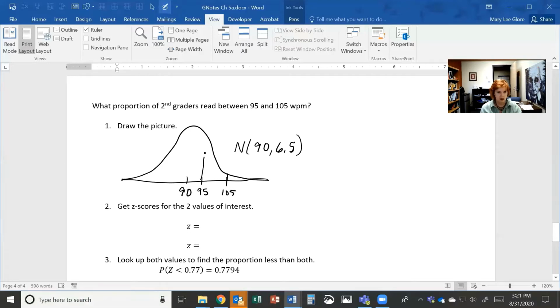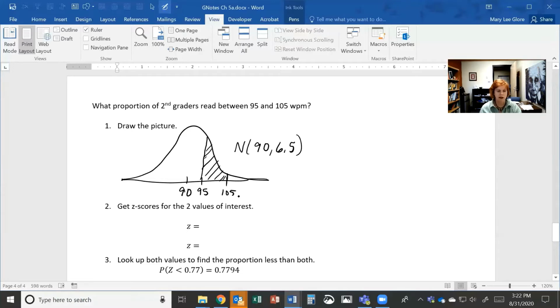And so the proportion, the answer to this question, is going to be this area. Because of the area principle, the area is proportional to how often they occur. And we want to know how often our reading speeds are between 95 and 105.